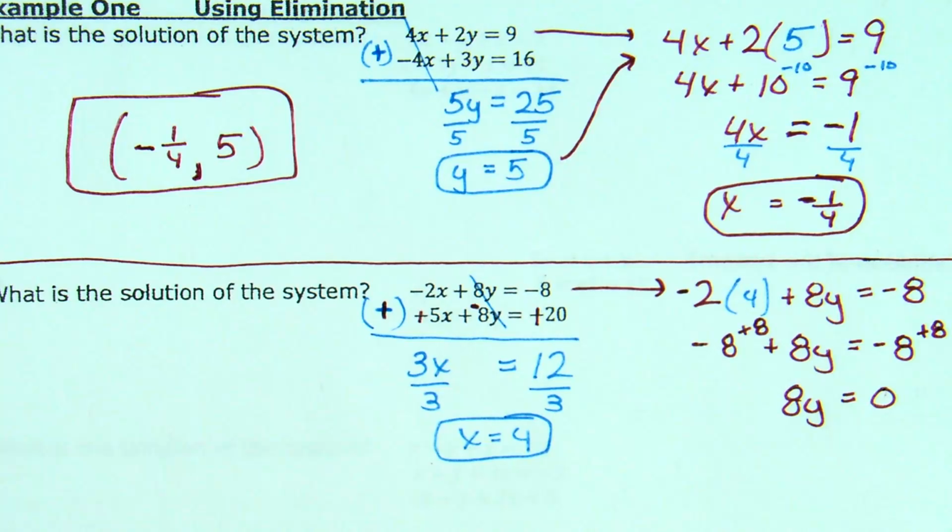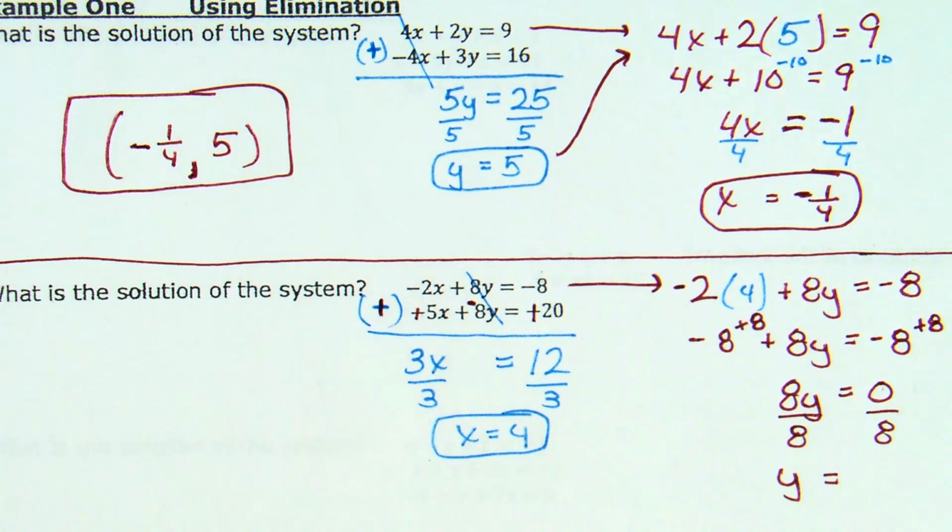How do I finish solving for y? Officially, if it's 8 times y, we need to divide by 8. Okay. What is 0 divided by 8? 0. Because 0 is on top, this is doable. This is solvable.